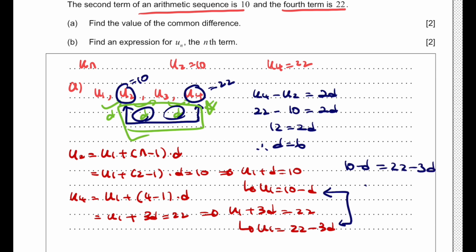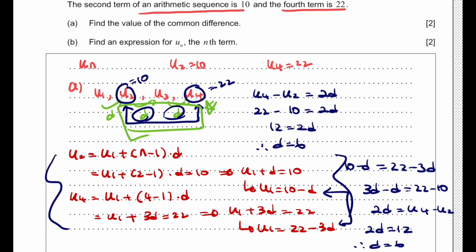When you solve for the D value, we can see that this is actually the same as 2D equals U4 minus U2, or 22 minus 10, right? So 2D is the same as 12, D value is 6. So all these concepts are actually used to create the formula here.